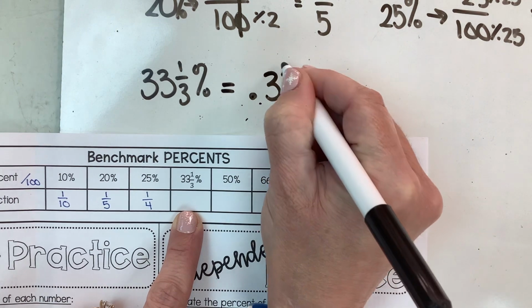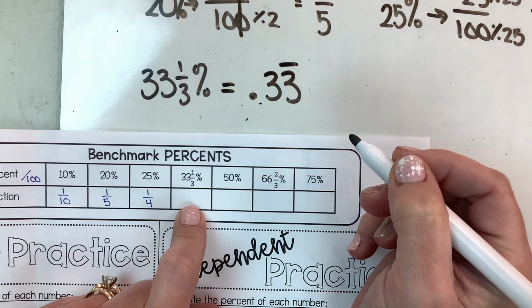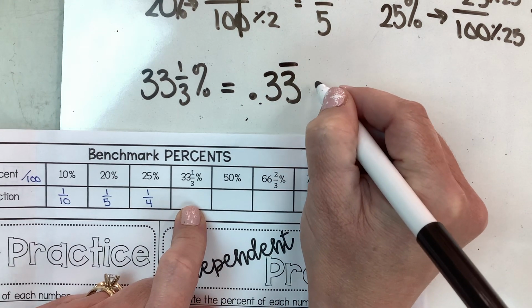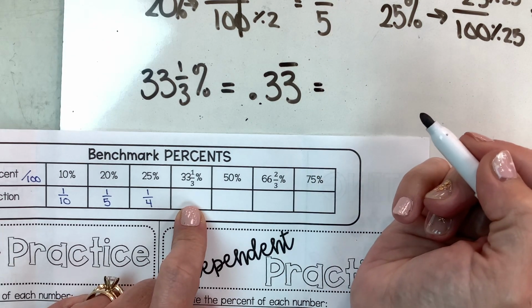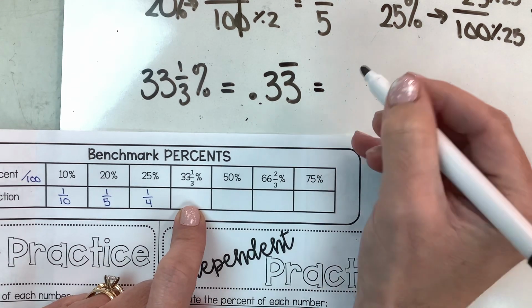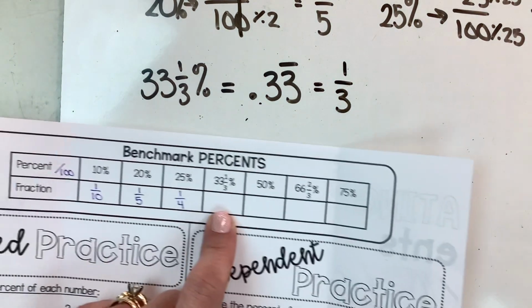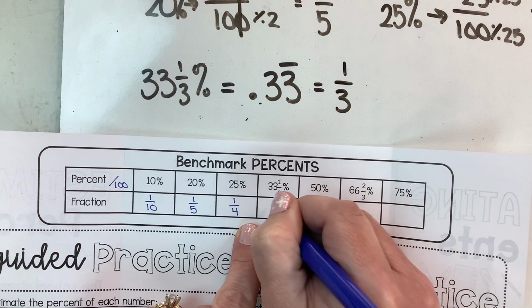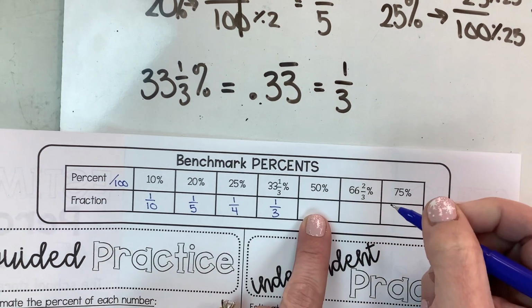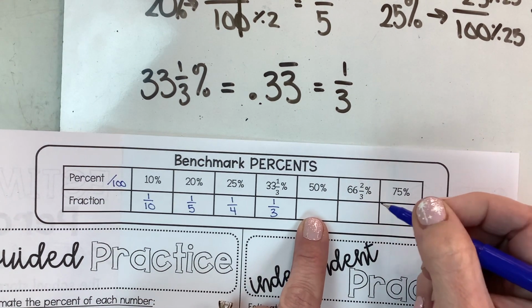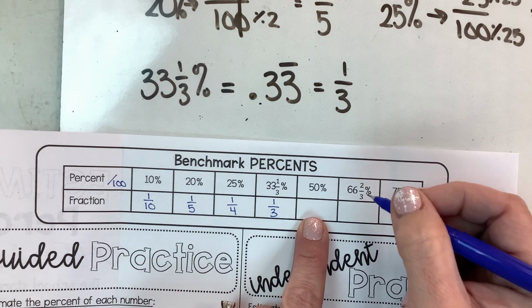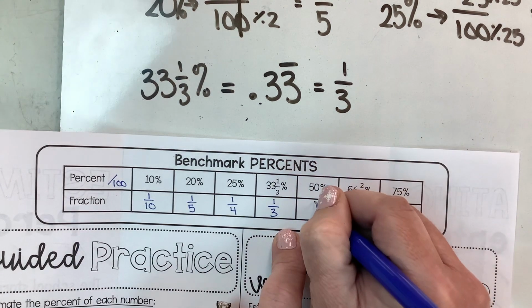And that 3 is going to keep repeating, okay? Anybody remember what fraction that was? We've had this one before. It's in your composition book. And that is 1/3. Okay. 50%. We just looked at this one on the other side. If you have 50% complete, you have 1/2.